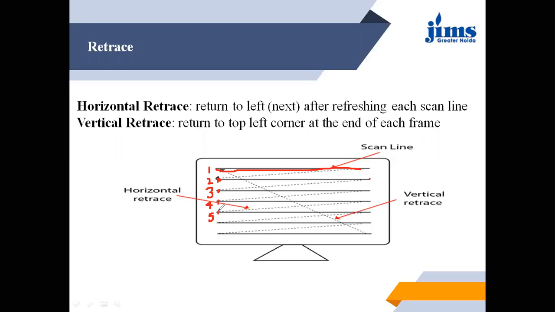But when a scan line is left in between, for example, from the first scan line to the third scan line, the scan line in between is left, and the beam passes directly to the third scan line, then it is called interlacing.